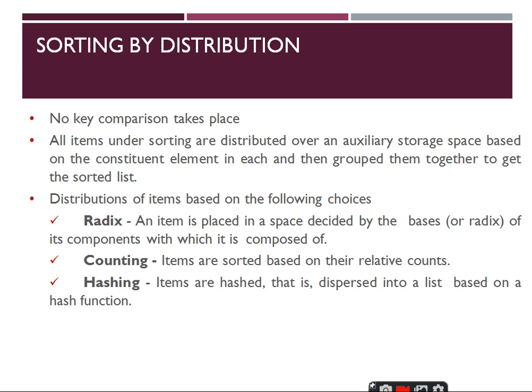First is radix. An item here is placed in a space decided by the basis, or radix, of the components of which it is composed. Second choice is counting. Here items are sorted based on their relative counts. And the third one is hashing. Here items are hashed, that is dispersed into a list based on the hash function.